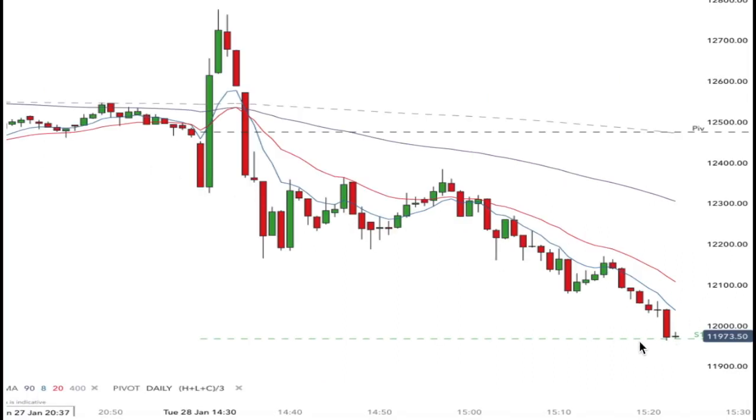So you can see now that the market has come down and it's broken the 12,000 level. We're actually sitting on the daily support and resistance level of S1 here, and that's at 11,973. So there was over £1,000 potential profit in that trade for me, and I didn't get it.